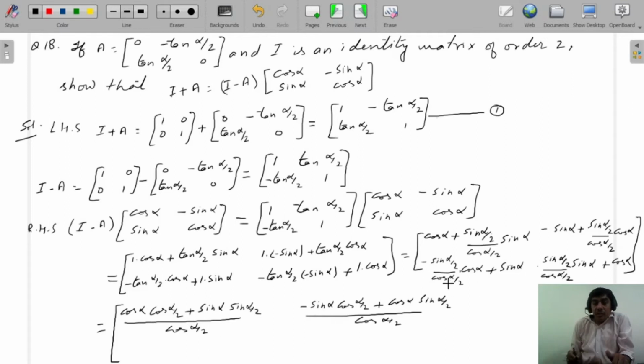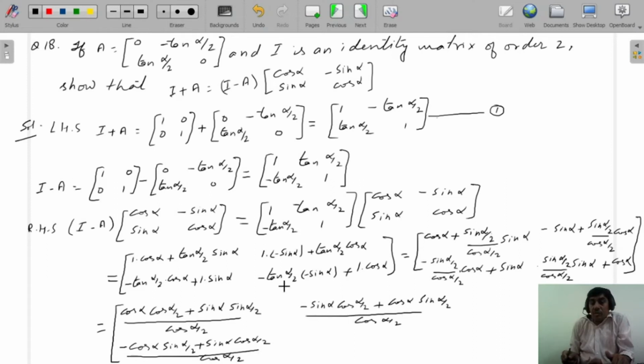Second row, first column: minus cos alpha sin alpha by 2 plus sin alpha cos alpha by 2 divided by cos alpha by 2.